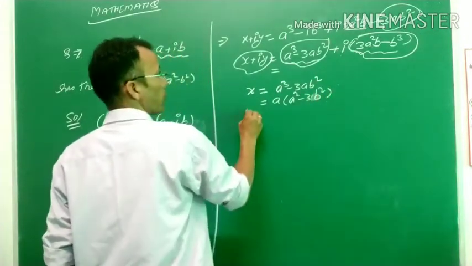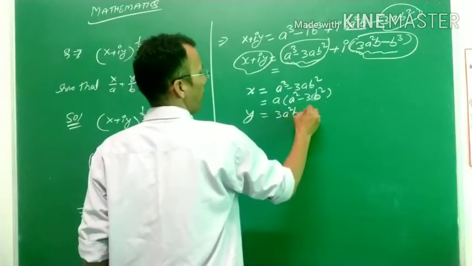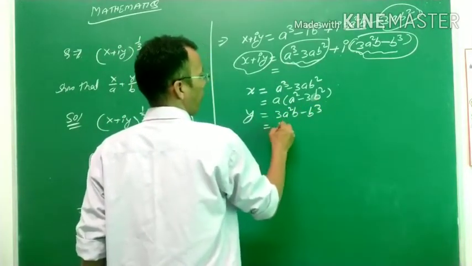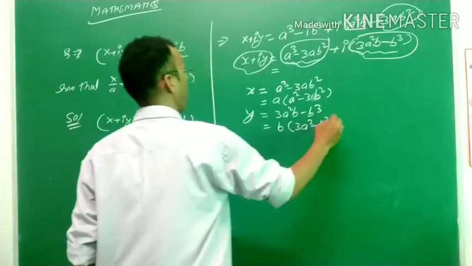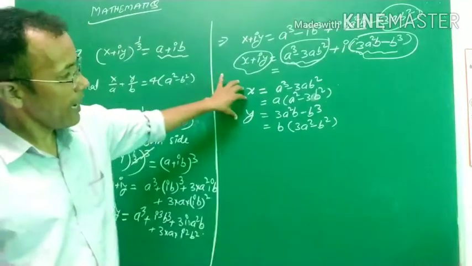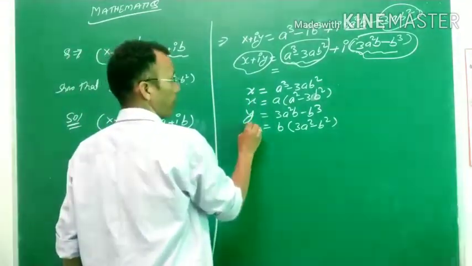And y is 3a square b minus b cube, or if you take b common, b into (3a square minus b square). We have this a and this b.